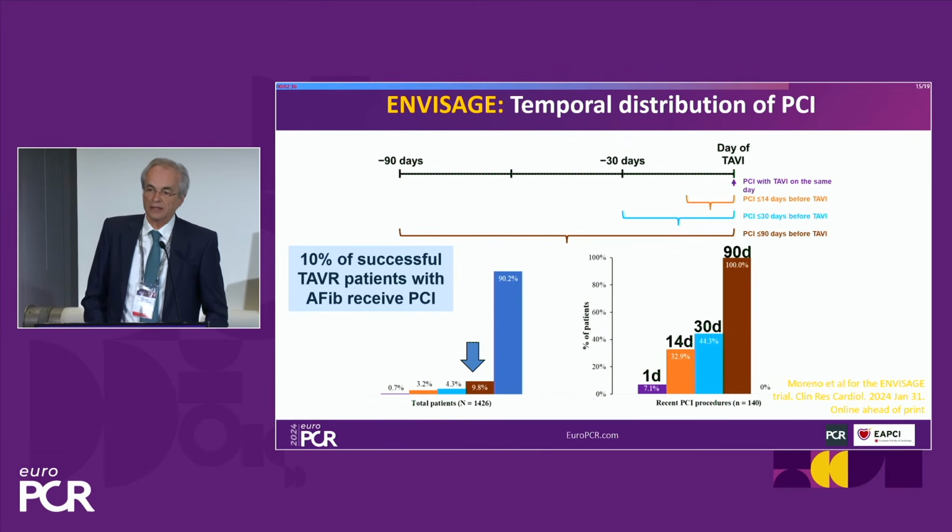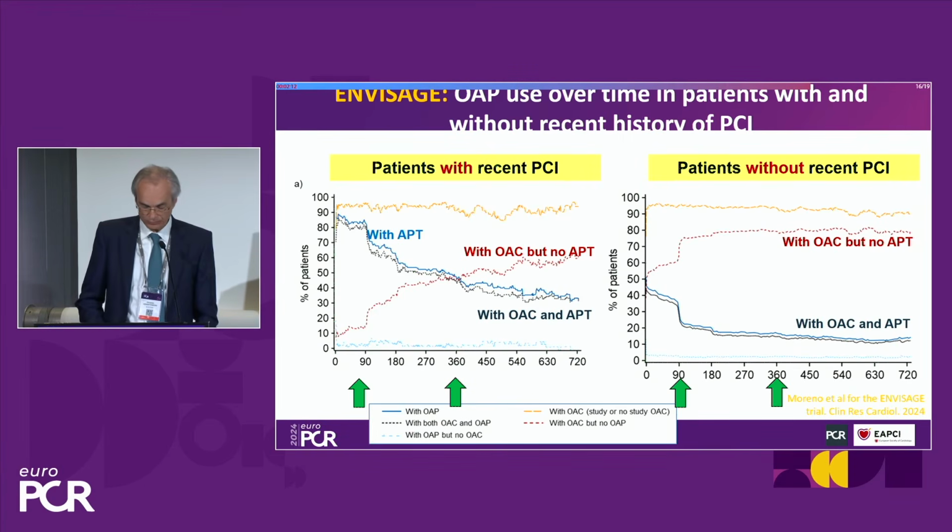And because of the PCI, they get a certain anticoagulation or antiplatelet regimen. You see the timing here: about 50% of the patients get the PCI within a range of 1 month of the successful TAVI implantation. So they usually have antiplatelet therapy on board.